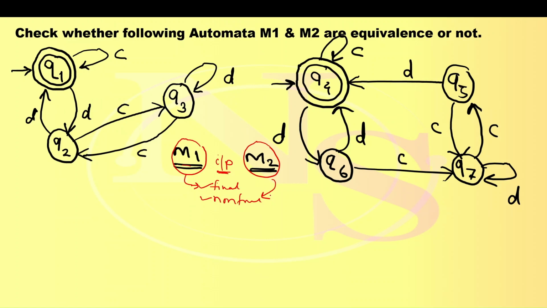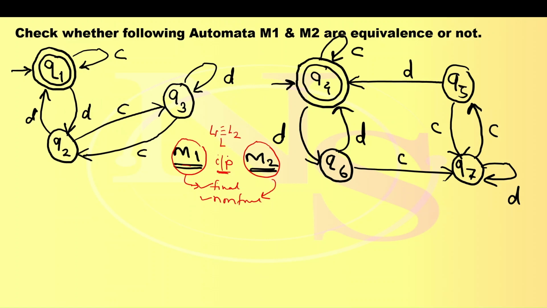It means both automata are accepting the same language. If L1 and L2 are the languages accepted by M1 and M2 respectively, and L1 and L2 are the same, we can give it the same name L, then both are equivalent.